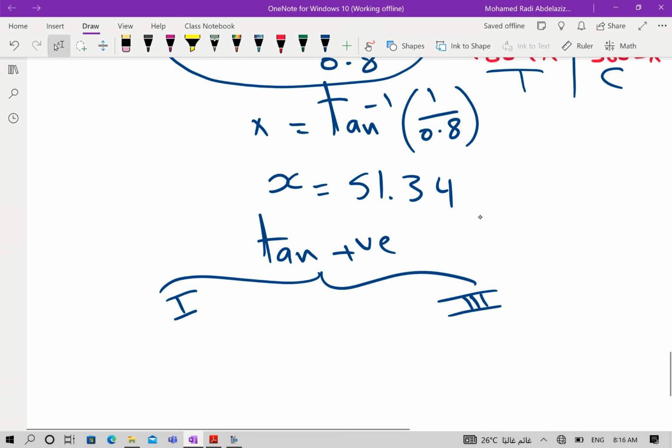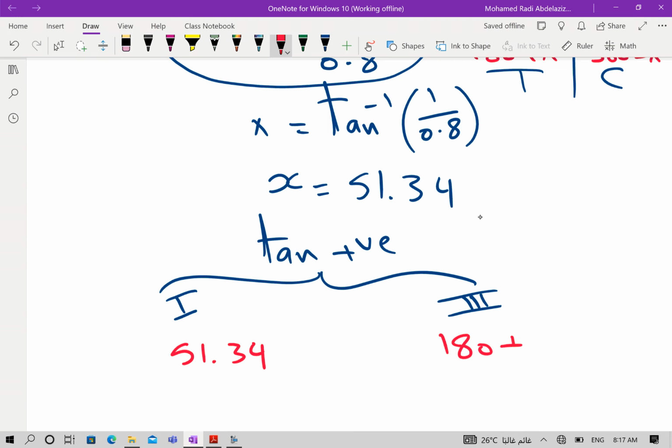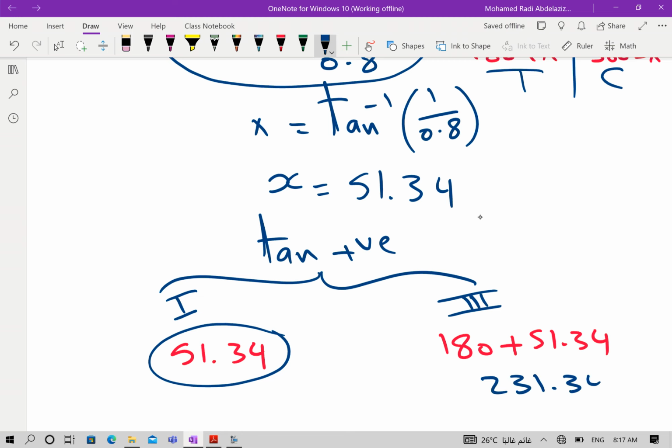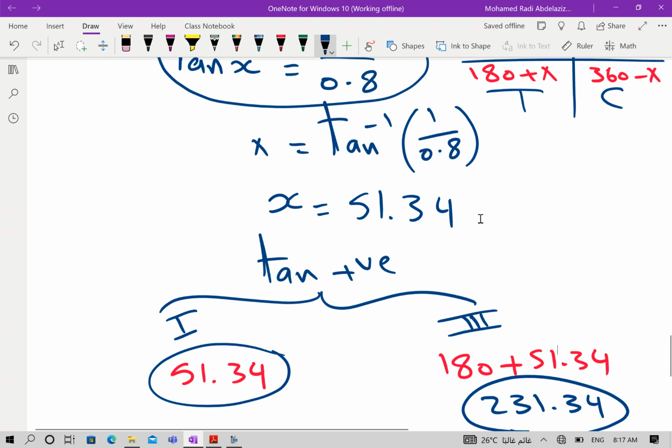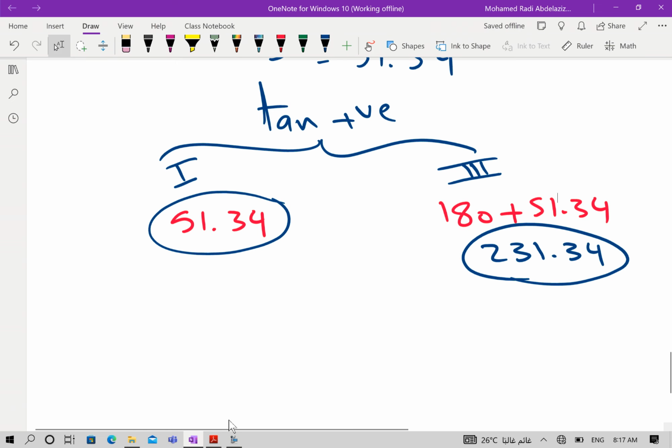First, use the principal angle 51.34. Third, 180 plus 51.34. Give me the solution of each. The first one is the same. Second one is 231.34. Then you have 360 minus. If you try to add or subtract, both accepted, but there is no more.